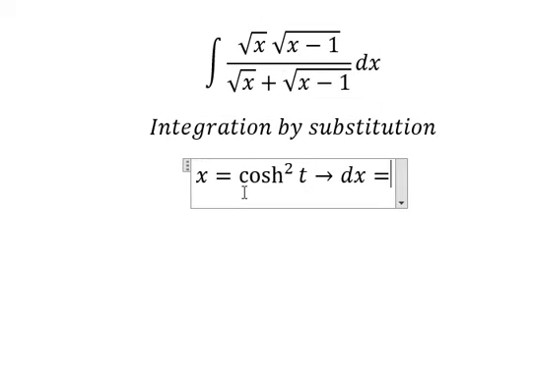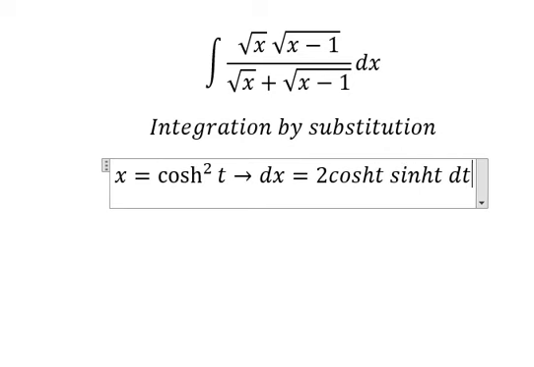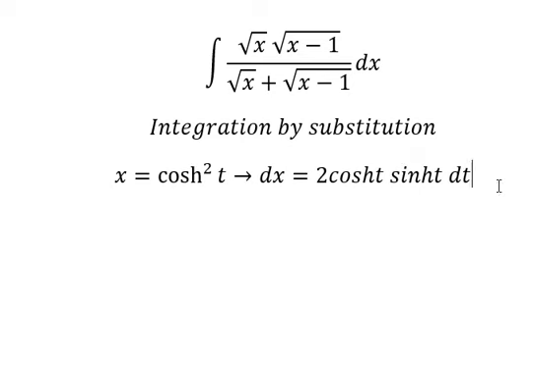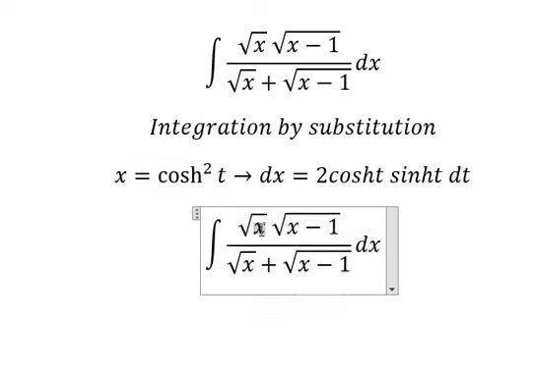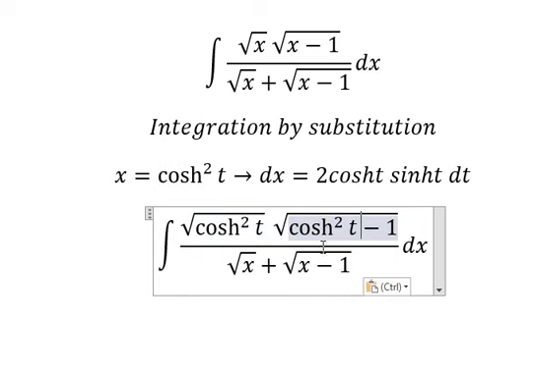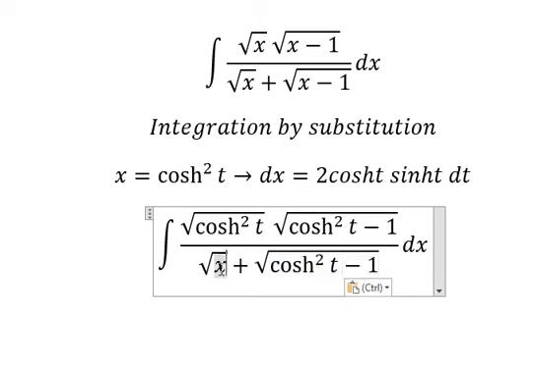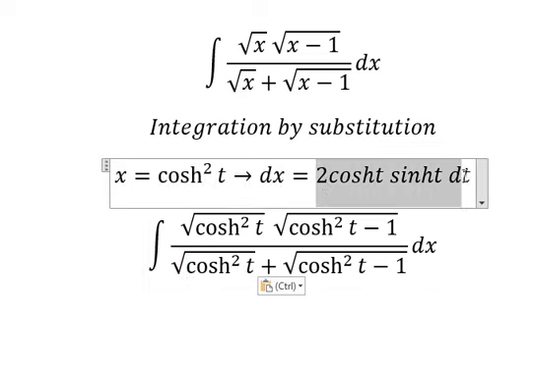Now we need to first do the derivative for both sides, and we have number 2 cos t sin t dt. So I will put this one here, here, and here. The x we change for this one.